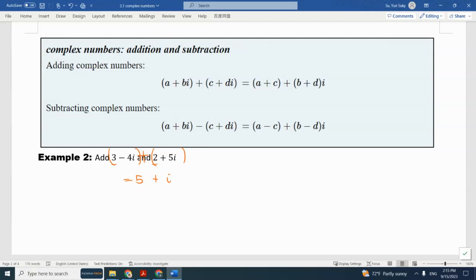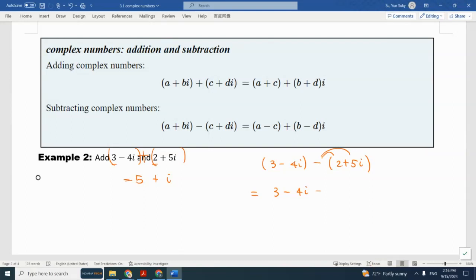Okay. How about let's do subtraction? If you do 3 minus 4i, subtract 2 plus 5i, what do you get? Okay, so the first parentheses, we can actually ignore it, right? The second parentheses, what do?